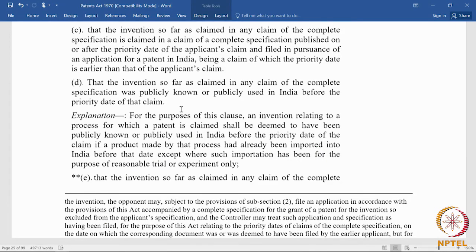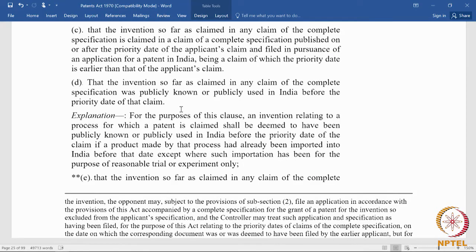So, now this is what we call anticipation by a pending application. Normally, for something to anticipate, the thing has to be published, and to get the benefit of anticipation, the document with which you are going to compare the claim has to be in the public domain. It has to be already published.